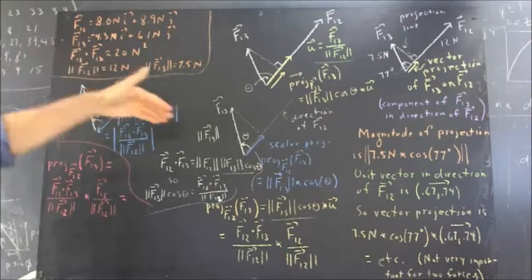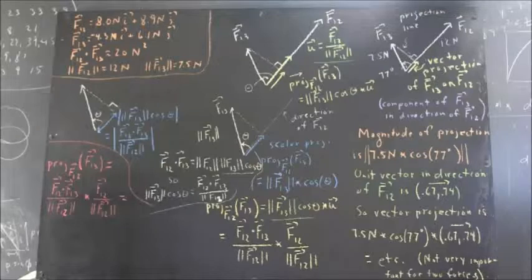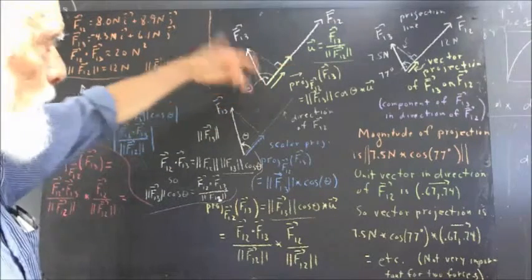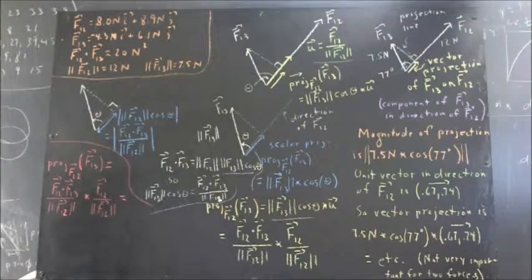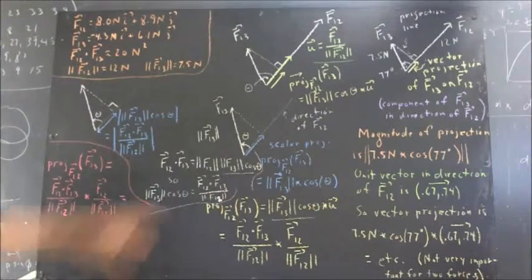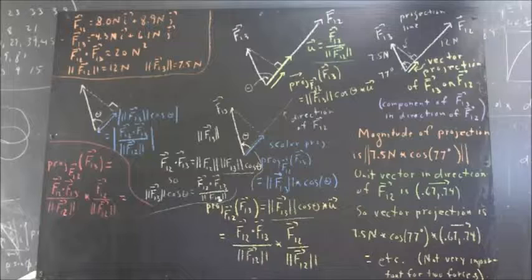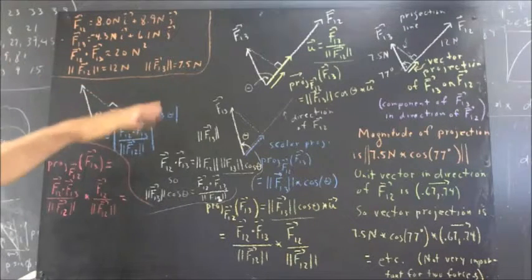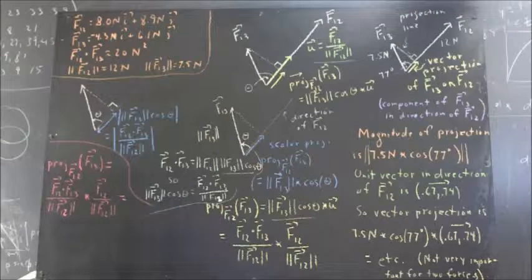But there are many cases where you do project one vector on another, and we might as well, since we're using these examples, go ahead and go through the process, which is actually quite simple once you understand all this. And then we'll look at least one example of where we would project a force vector onto a displacement vector and get a very meaningful result.